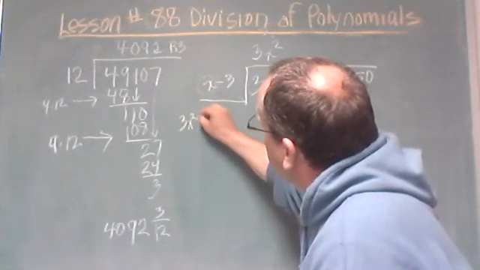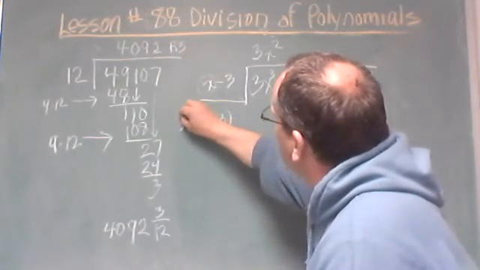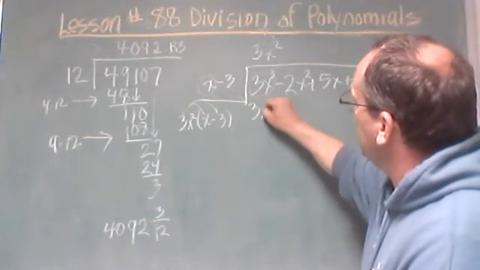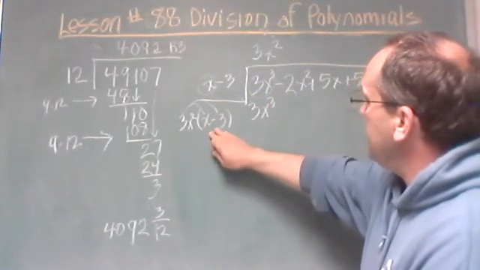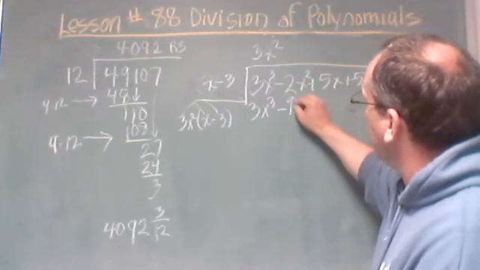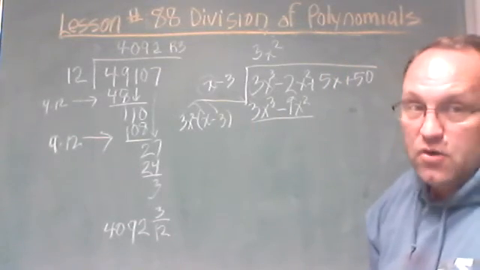I said 3x squared times x minus 3. Let's go ahead and do the distributive. That gives me 3x to the third. That gives me minus 9x squared. I draw my line to subtract, but I don't subtract.